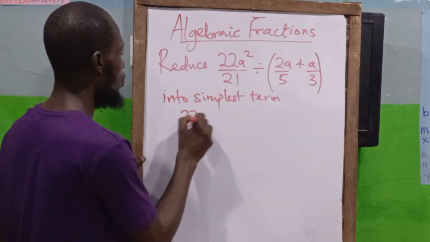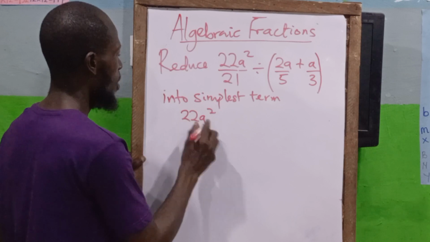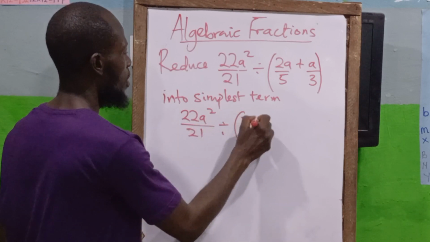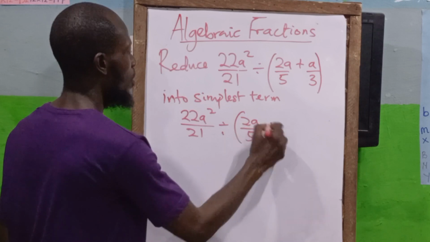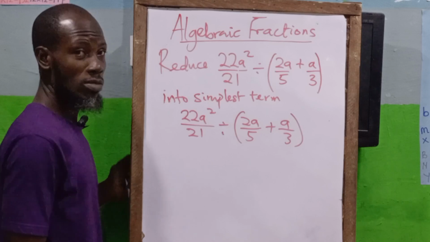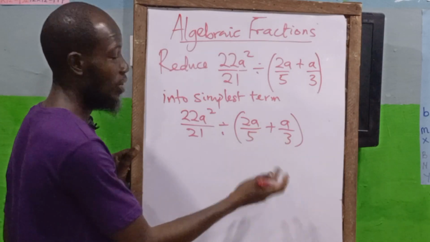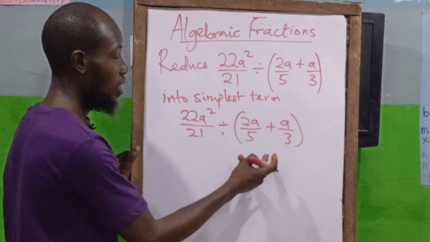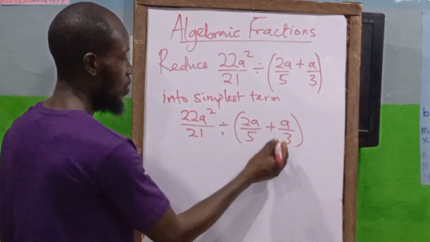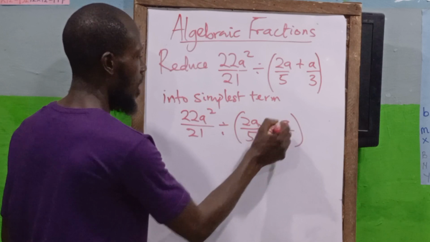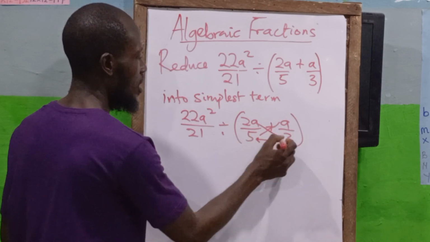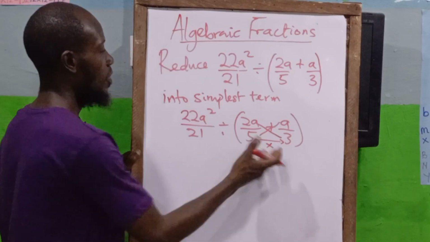So we have 22a squared over 21 divided by 2a over 5 plus a over 3. This is addition of fractions, so we can solve this using the simpler method, where we cross multiply and multiply the denominators.